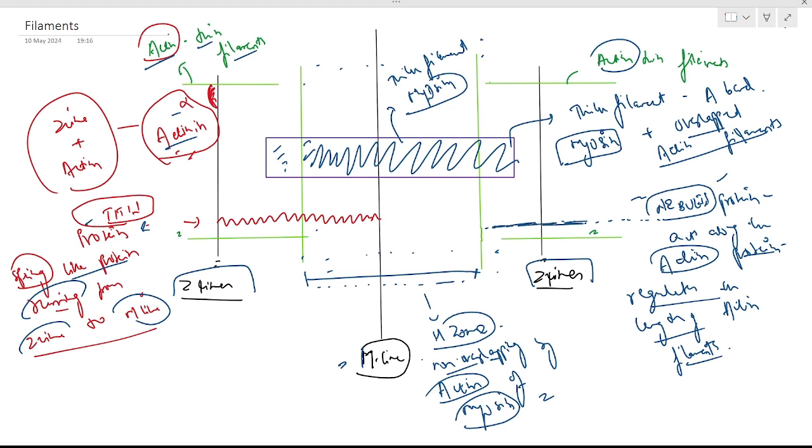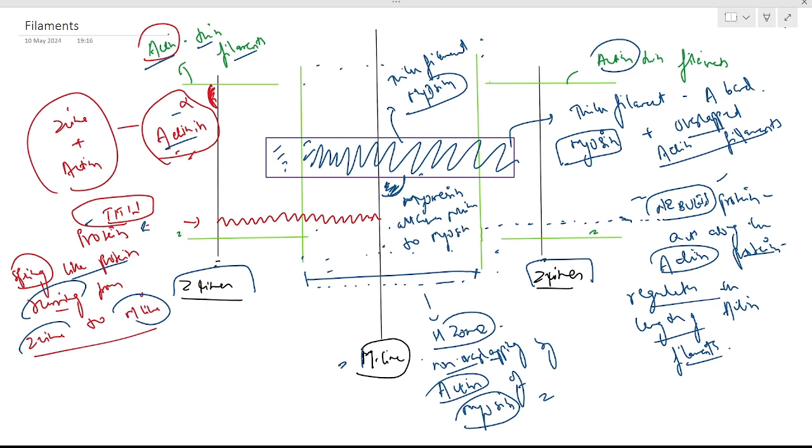I drew it as a dotted line. Then the fourth protein we are going to discuss is myomesin, previously called meromyosin. This myomesin attaches the M line to our thick filament myosin.